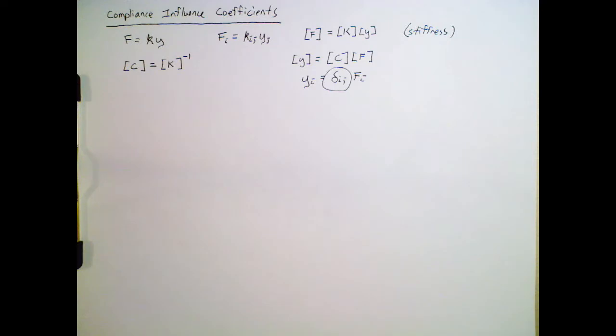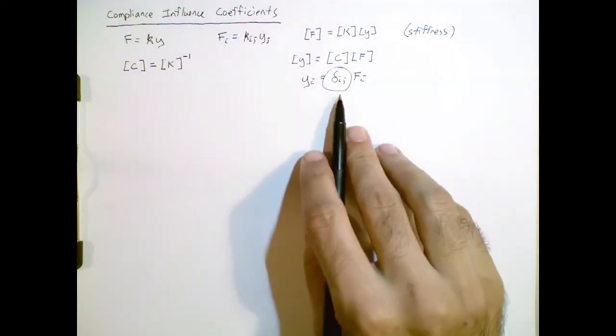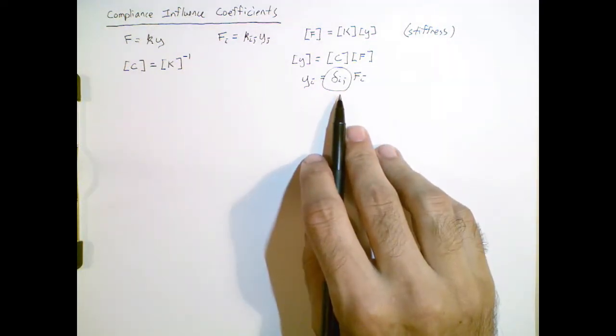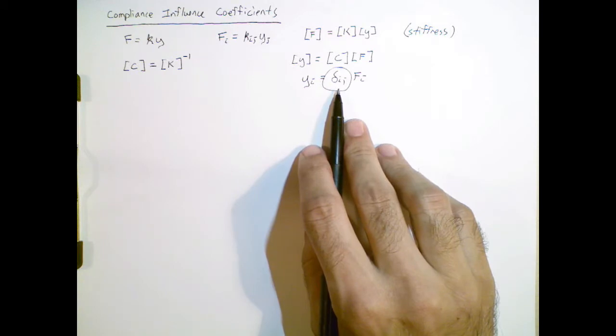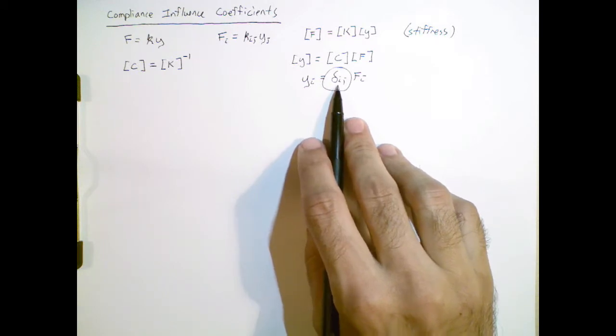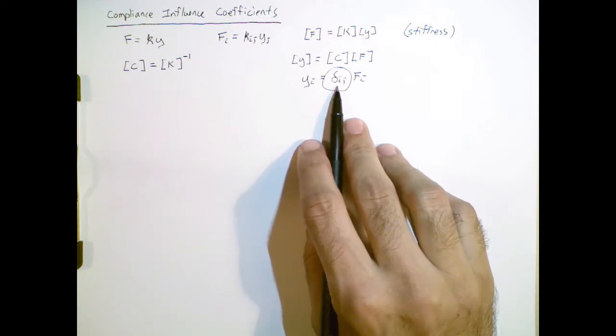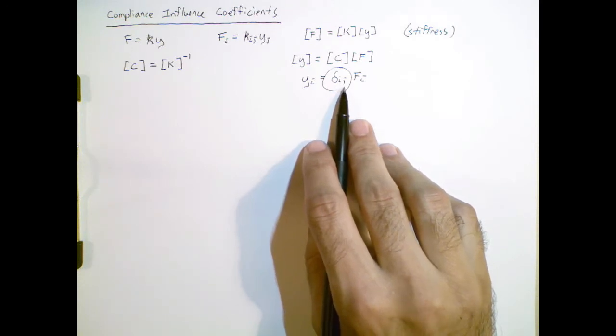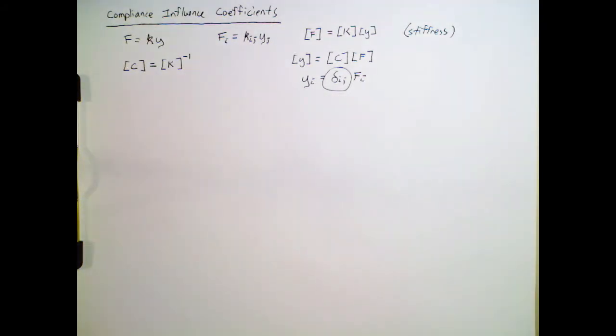What does it mean exactly? So delta_ij is the deflection that occurs at coordinate i due to a unit load applied to coordinate j. So let's talk about what that means in terms of shaft whirling analysis.